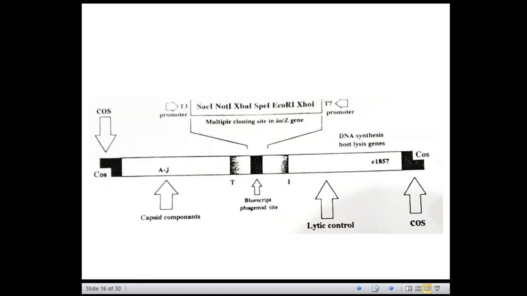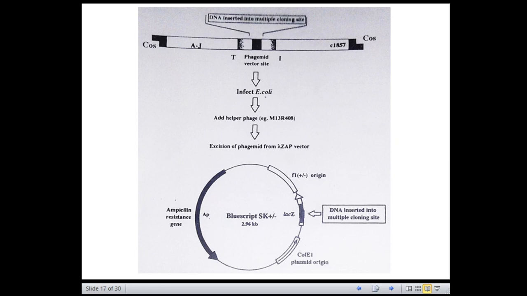This technique is sometimes called single-stranded DNA rescue, and this occurs as a result of a superinfection process where helper phages are added to the cells, which are grown for an additional period of approximately 4 hours. Right. Now, if you look at this figure, you can understand how the helper phage is involved in the superinfection process.